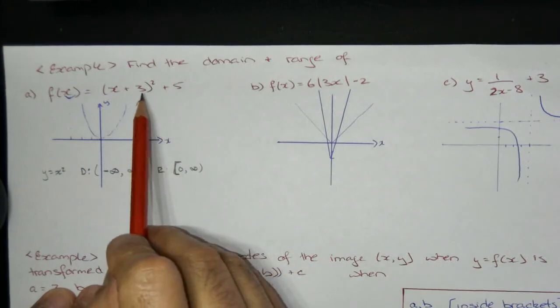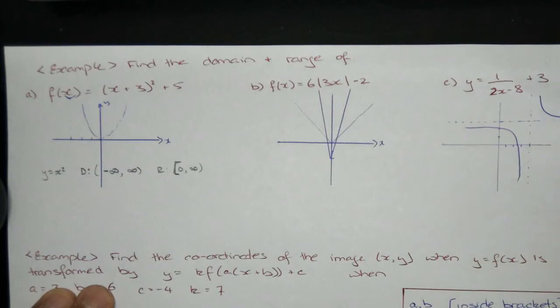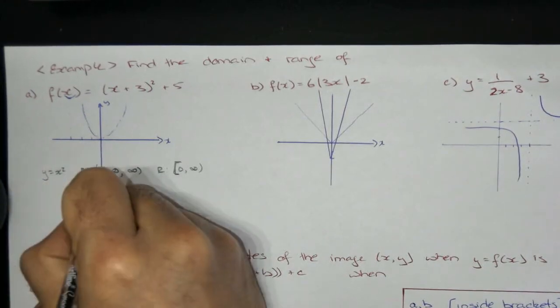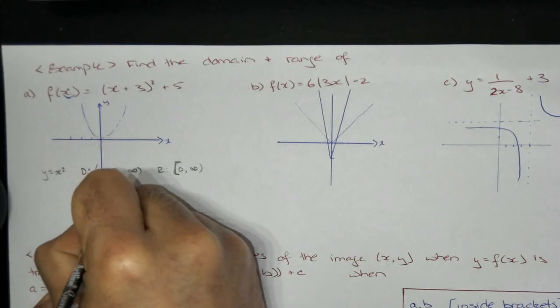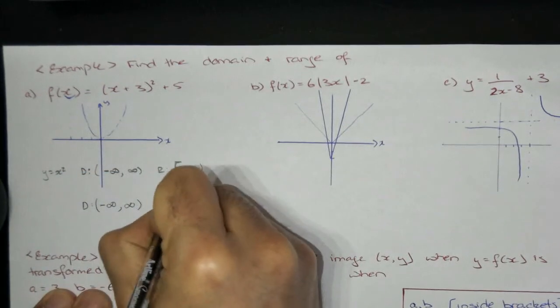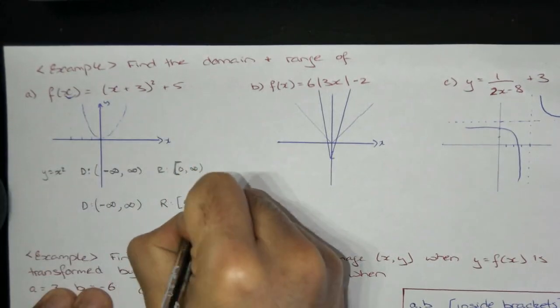If I move it 3 units to the left and then up 5 units, the domain doesn't change. However, the range now starts at 5, but still goes to infinity.